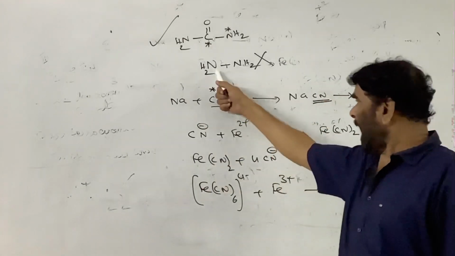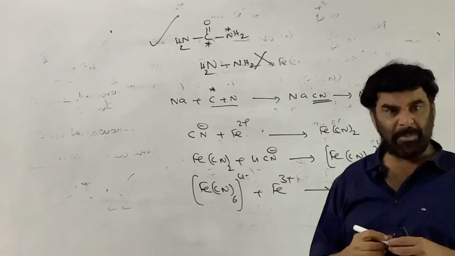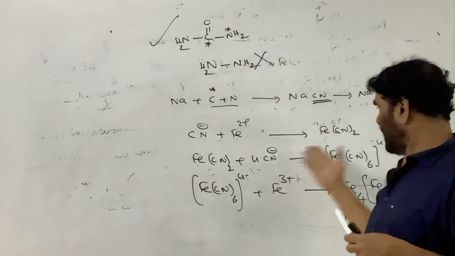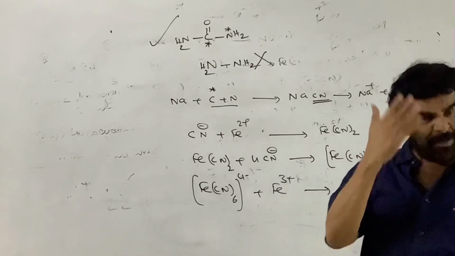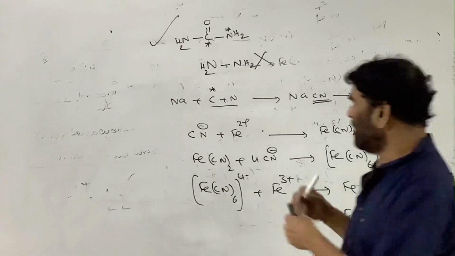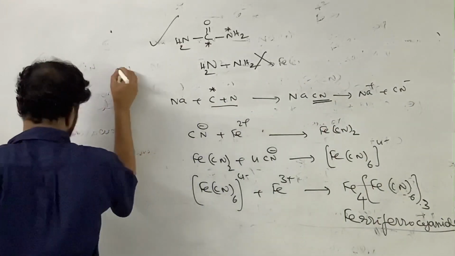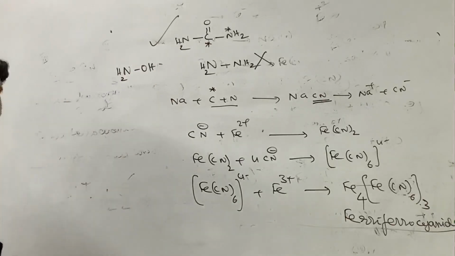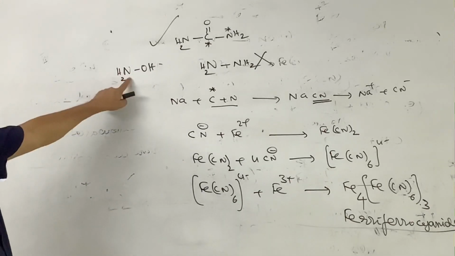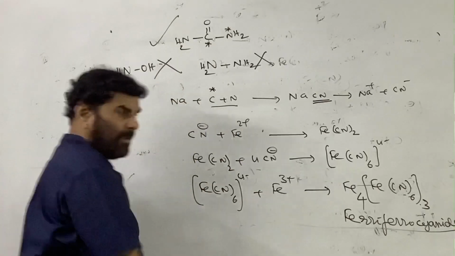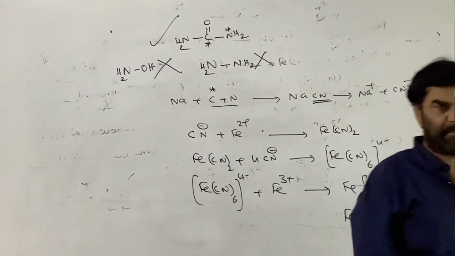Why? It has nitrogen but there is no carbon. Nitrogen has to convert into the cyanide ion, and to convert into the cyanide ion, there must be carbon. So it does not give the test. If you take hydroxylamine, it contains nitrogen but no carbon. It does not give the Lassaigne's test for nitrogen.